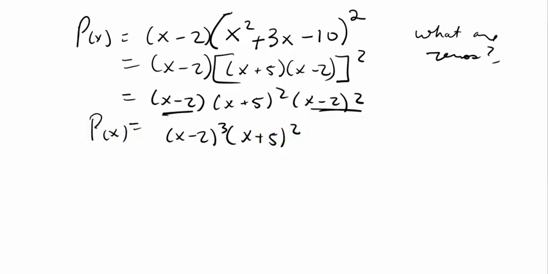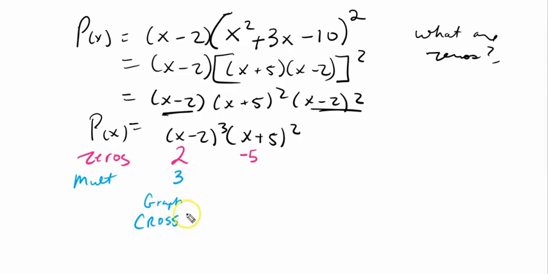Now I can see what the zeros are. The zeros are going to be 2 and negative 5. What are the multiplicities? The multiplicity of 2 is 3. And that means the graph will cross through the x-axis at 2, because 2 comma 0 will be an x-intercept.